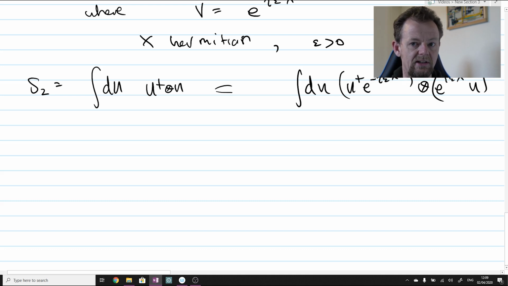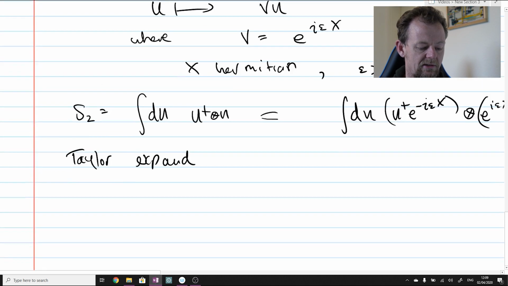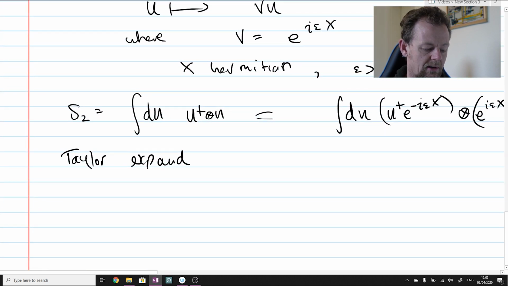And so whenever you see an infinitesimal, the first instinct should be to exploit Taylor's theorem. So we're going to Taylor expand. That's our next step. I think that's reasonably elementary. Second step, here it is, Taylor expand.